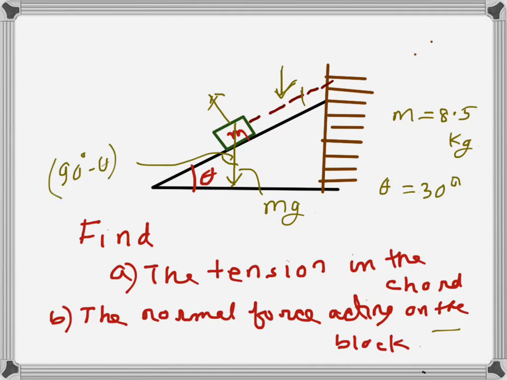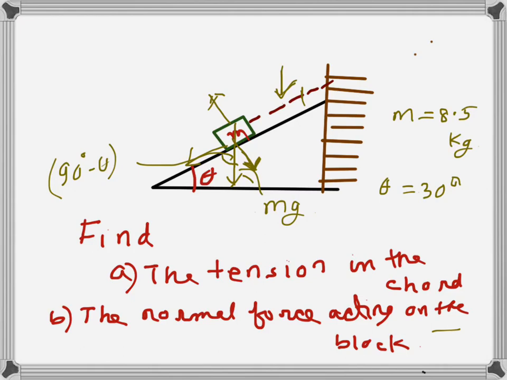The normal force is perpendicular to the surface, and we need to find it. So what is the component of mg along the slope, and what is the component of mg in its perpendicular direction? These two things we need to find. We can figure that out by looking at the angle here.